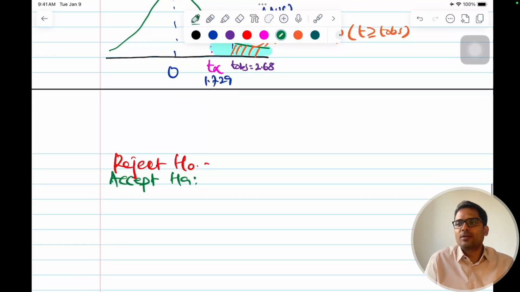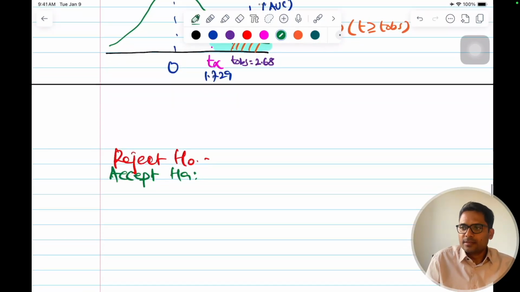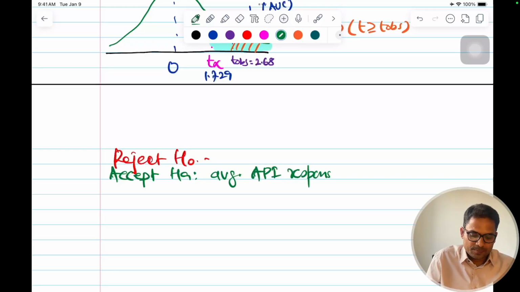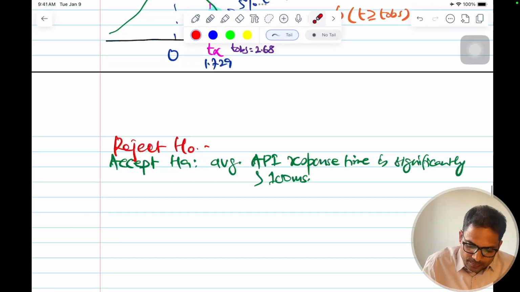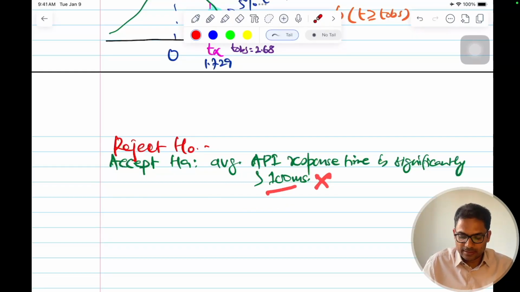And what is the alternate hypothesis? That the average or mean API response time is significantly greater than 100 milliseconds. So the developer's claim is not verified, and the testers found out that no, it is not on average 100 milliseconds, but it is significantly greater than 100 milliseconds.